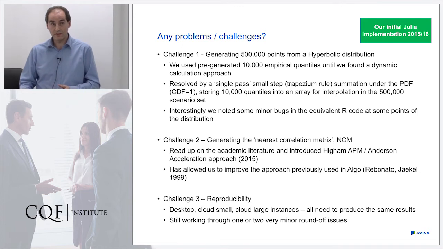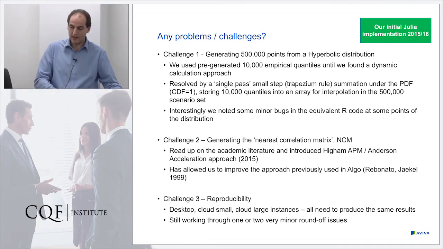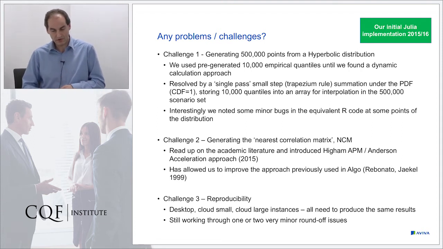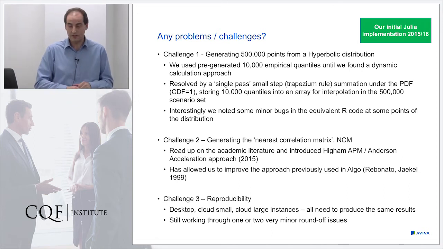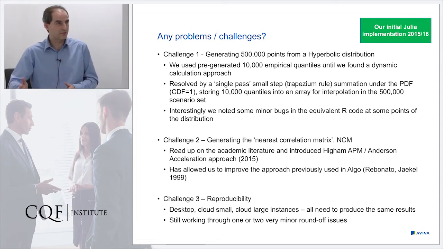So there's quite a lot of academic literature around this. We had in Algo something called the Rebonato-Jäckel method from 1999. So we had a look at it. We found a better method, the Higham APM method, with a bit of a speed up on it. We implemented that, and we've got a much better technique than we had previously in Algo. So again, that's a great one. At some point, these techniques should be put into some standard package.